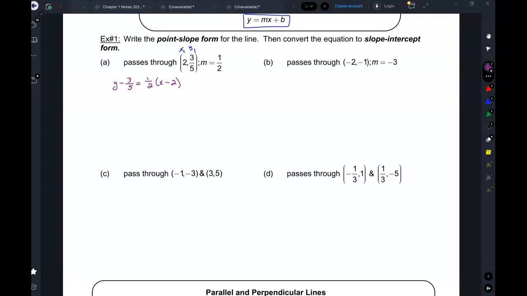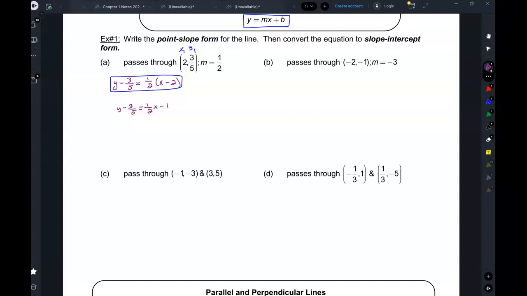So y and x are the variables. y1, x1 is what gets substituted, okay? This is point slope form. It's that easy. Now I need to distribute this and create slope intercept form. So y minus 3 over 5 is half x minus 1, right? So how much is y then?